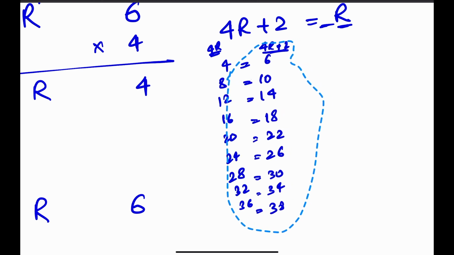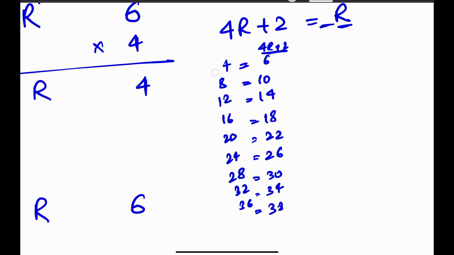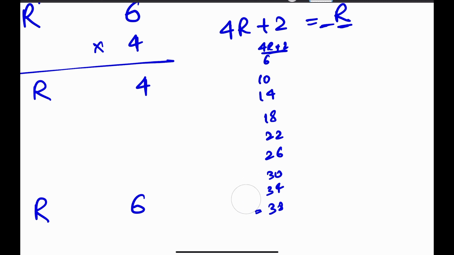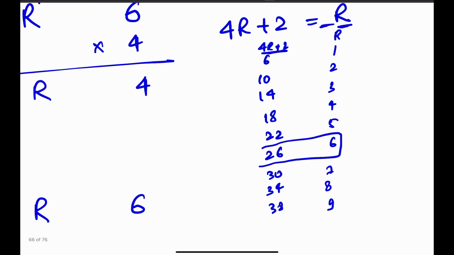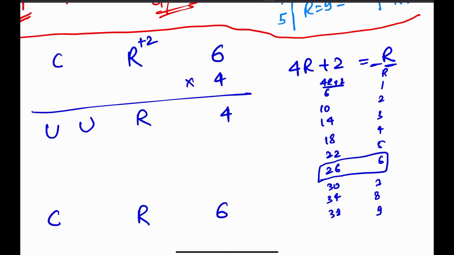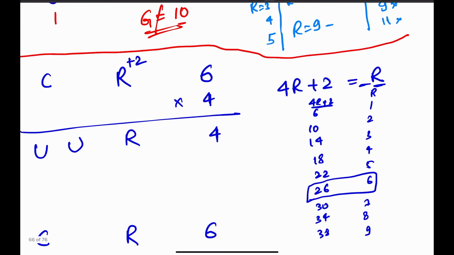Yeah, this side is 4r plus 2, and my value of r is 1, 2, 3, 4, 5, 6, 7, 8, 9. So I can see there is a possibility over this side. R was 6, here is also 6. So if that is possible, my value of r will be 6.